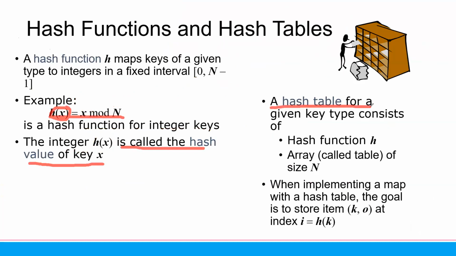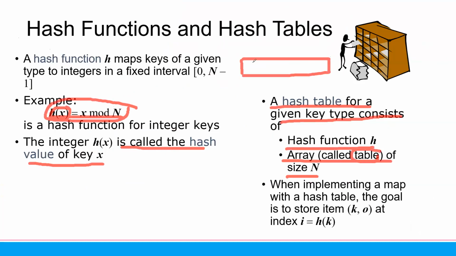A hash table for a given key consists of the hash function, which is this one, and an array of size n, which we call the table. So if you have an array with 10 locations, then this is the array or table that we want to put the data into, according to what the hash function needs.